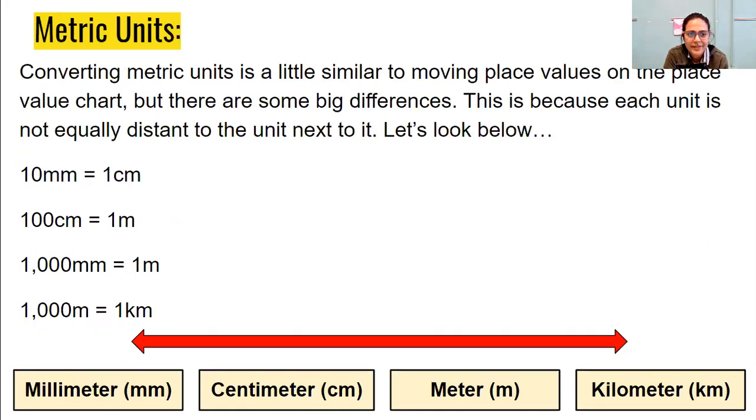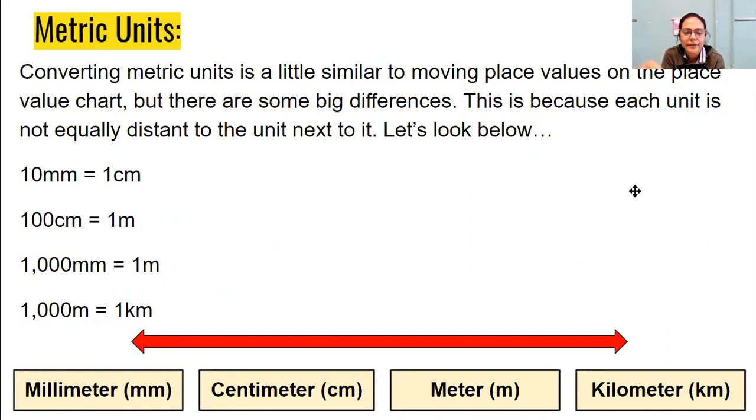Let's see what that means. Converting metric units is a little similar to moving place values on the place value chart. But there are some big differences, and this is because each unit is not equally distant to the unit next to it. It means that we can't really measure millimeters with centimeters, right?